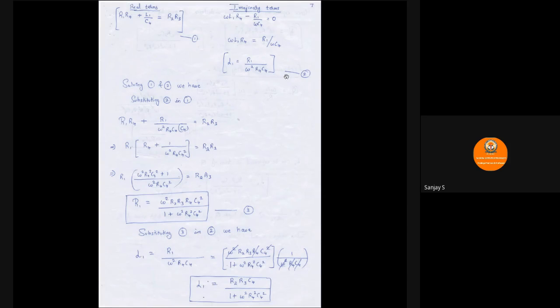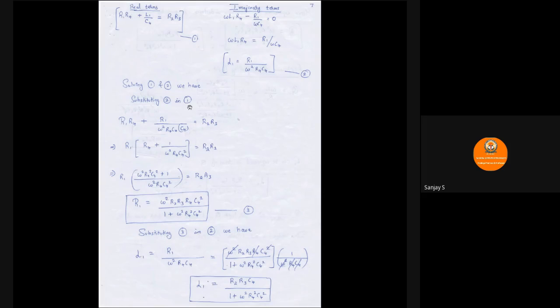So we have found L1 over here. Now we'll have to use this expression for L1 in equation 1 in order to get R1, because L1 is also unknown here. R1 is also unknown over here in equation 1. So we have found L1, we'll be using it here to get R1.